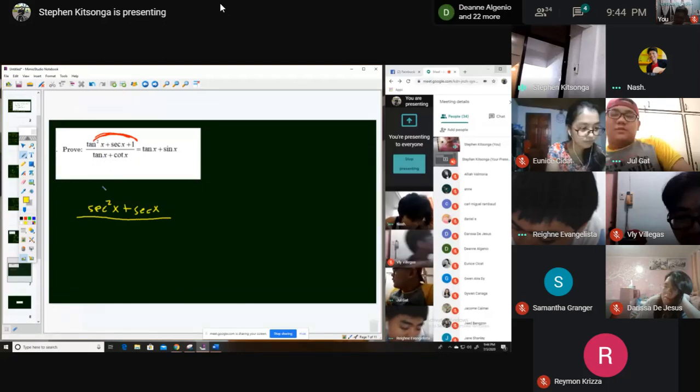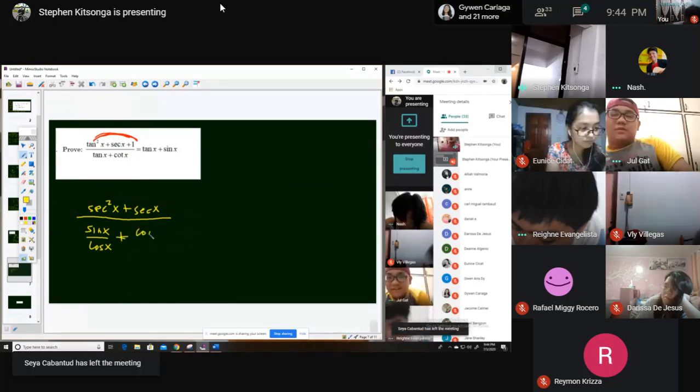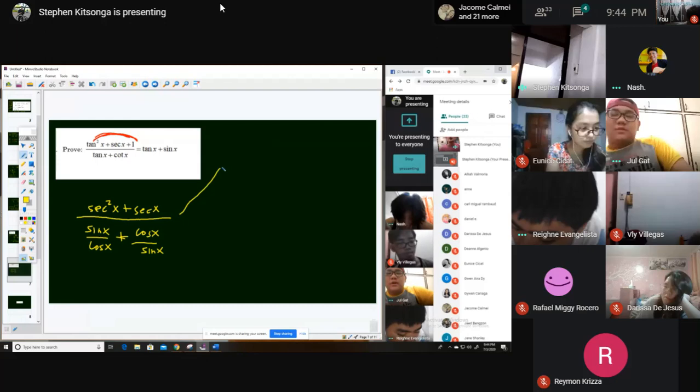Now, look at tangent. I'll write it as sine over cosine. That's the usual, since there are no other identities I saw right away. Cotangent is cosine over sine. Right, guys? Now, the numerator, I'll put it up here for space. In the numerator, I can factor out. What can I factor out there, guys?